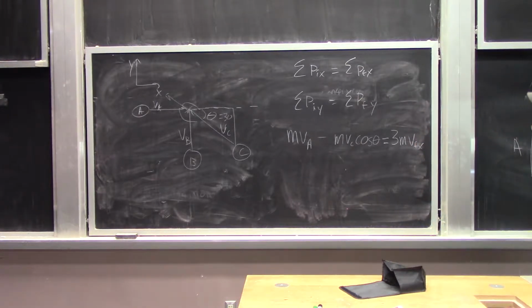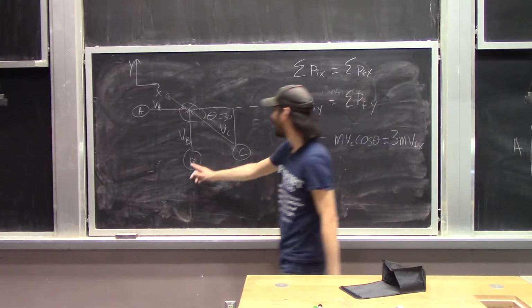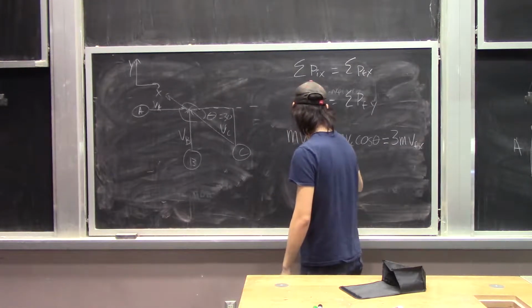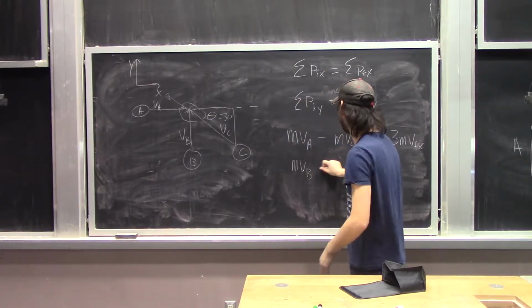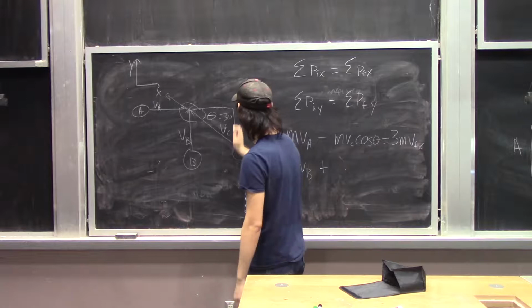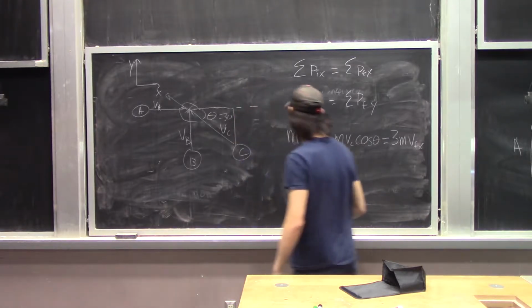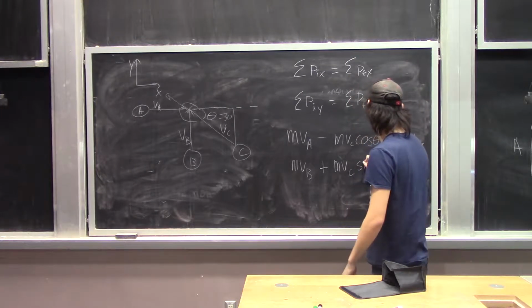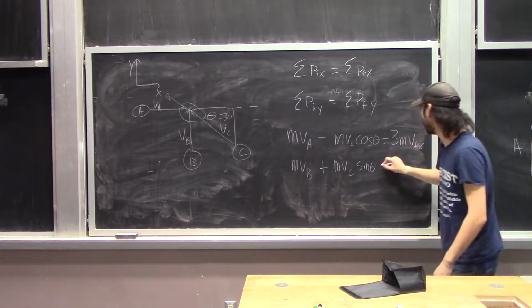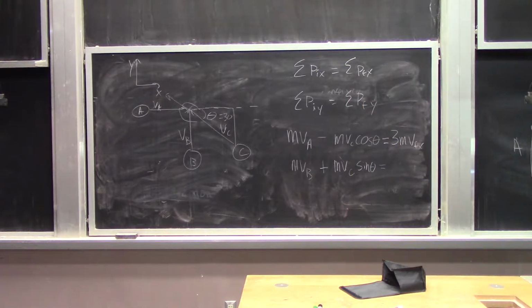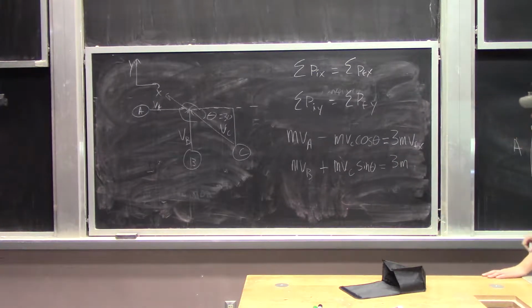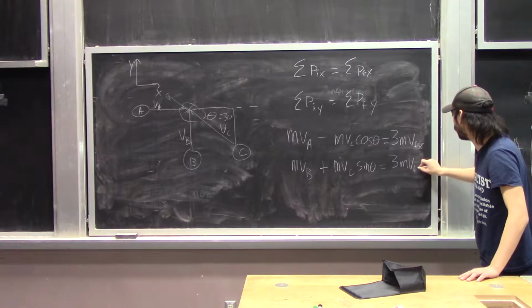Okay? Now we want to do the same thing in y. When we do the same thing in y, we see that this mass b times the velocity in b, plus the component of this momentum that goes in the y direction, which is mVC times sine of theta, is going to be equal to the total mass, 3m, times the final velocity in y.